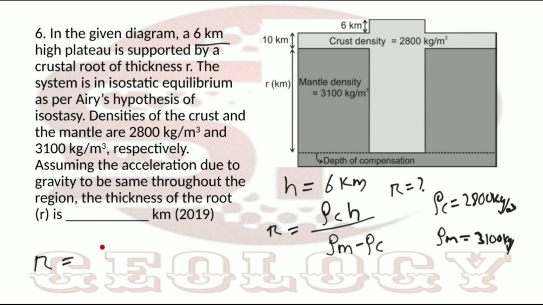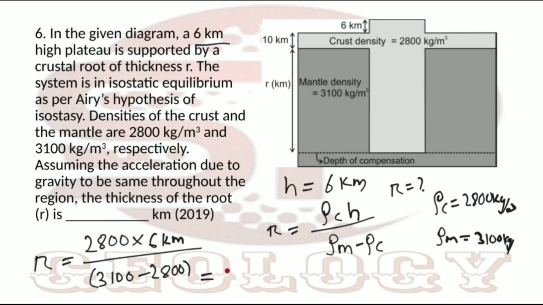So the root will be 2800 into 6 km divided by 3100 minus 2800. They all have the same unit, so they cancel each other. The kilometer will remain. If you solve this, it will be 56 km. So the root will be 56 km.